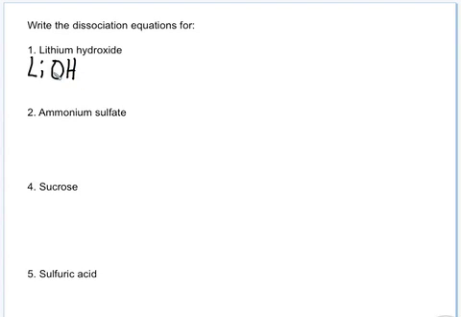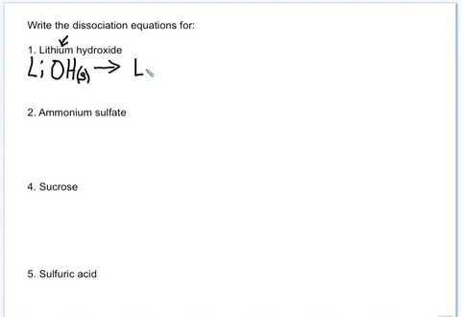Now, the second thing to do is identify, is this an ionic compound or a molecular compound? Well, if the first element is an ion, or a polyatomic ion, or metal, it's an ionic compound. If you were to take some solid lithium hydroxide and put it into water, it's going to break into its ions.